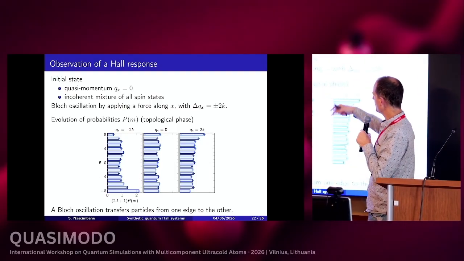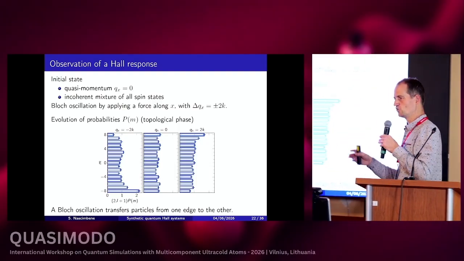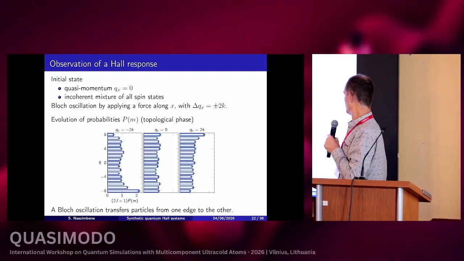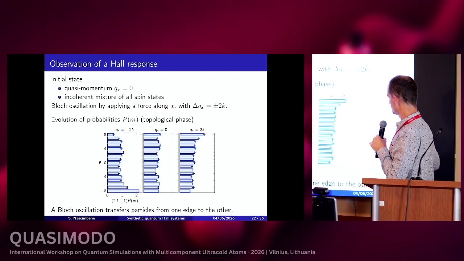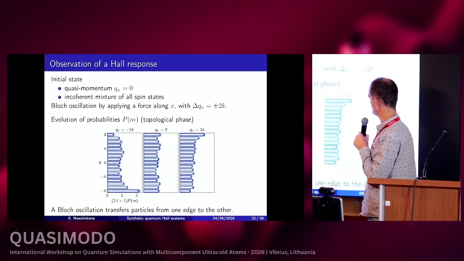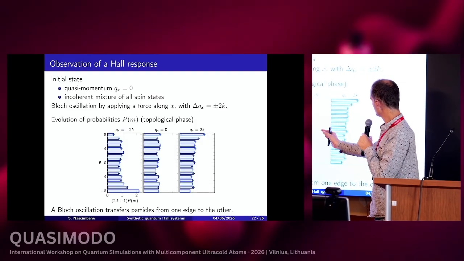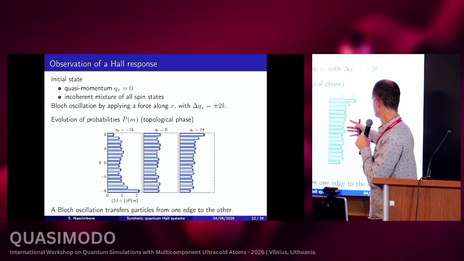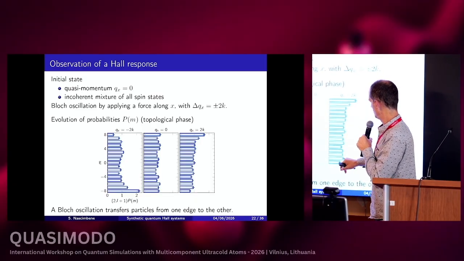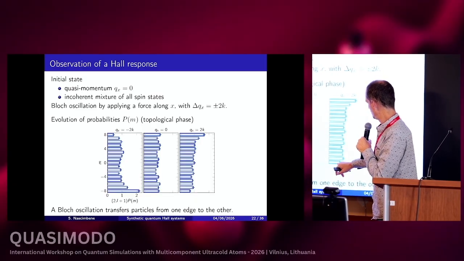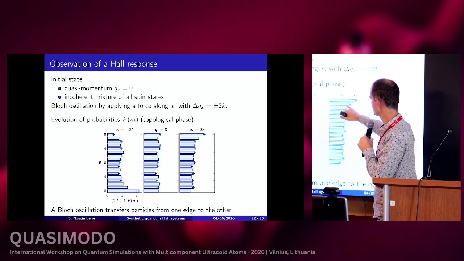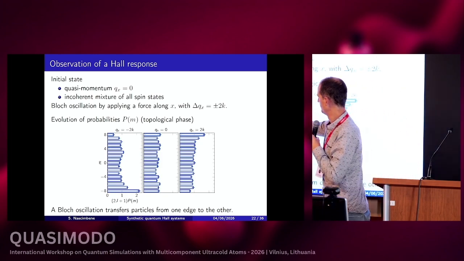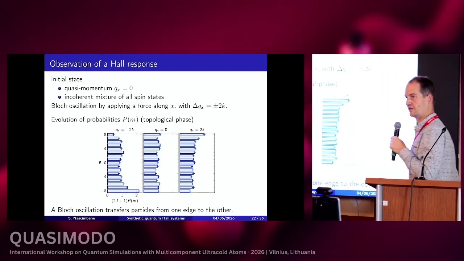And then we apply a force along x, which corresponds to one Bloch oscillation. And we look at the new spin distribution. And what you see is that when we push the system to the right, the particles shift upwards. In the end, atoms have left the bottom edge and have increased in the top edge, and vice versa in the other direction.